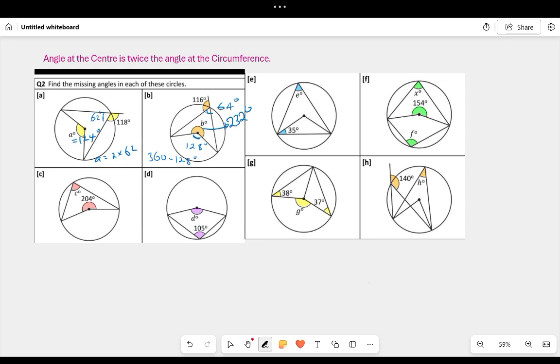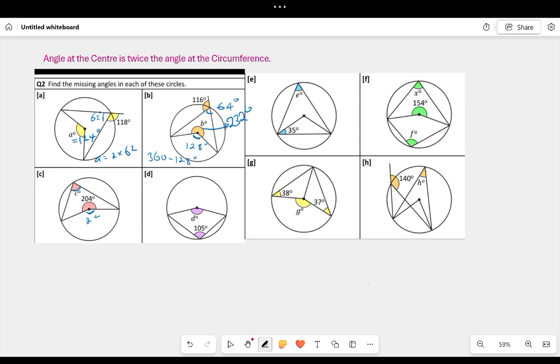Now, the angle at the center is twice the angle at the circumference. Now, if this is C, then this angle over here should be equal to 2C, because this is below the two chords, and therefore we compare with the angle that is below the two radii.